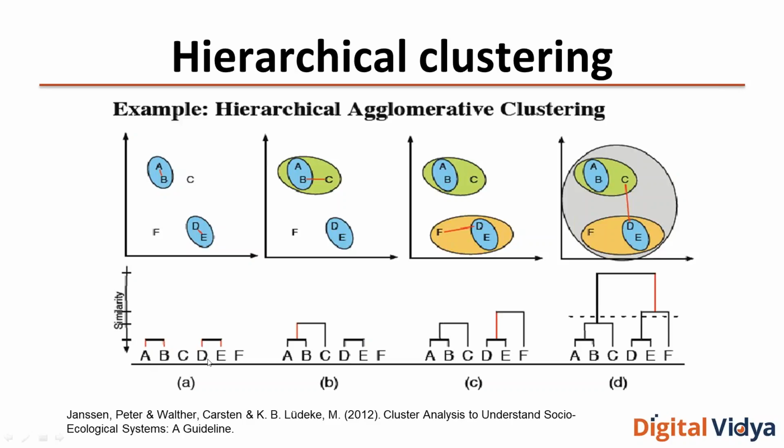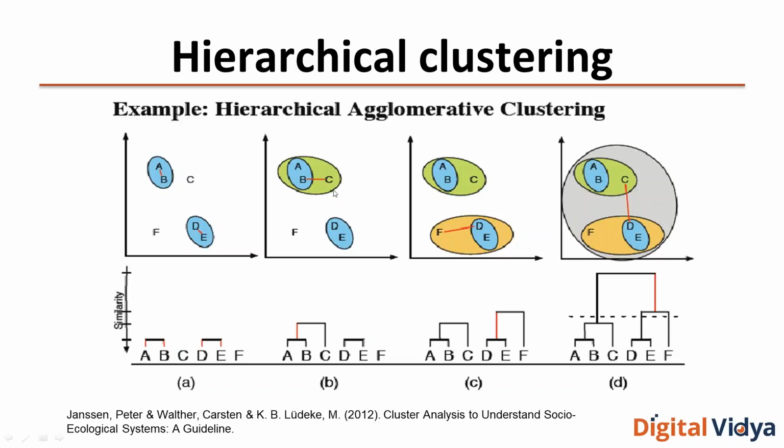Earlier, all of them were single clusters. In the second step, it will merge A and B together to form a new cluster, and D and E would be merged to form a new cluster, based on how close they are. Then A, B and C are now closer, so they will be merged together.